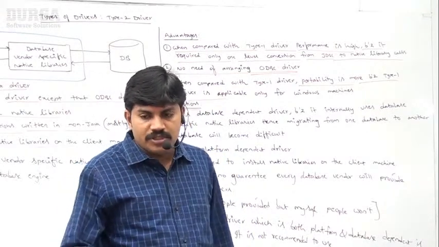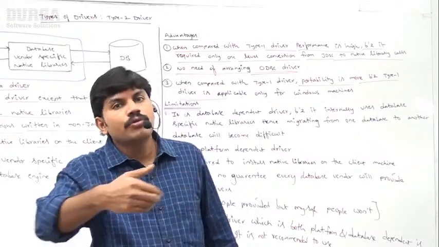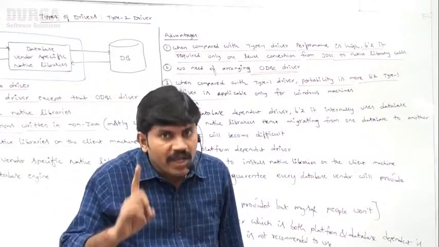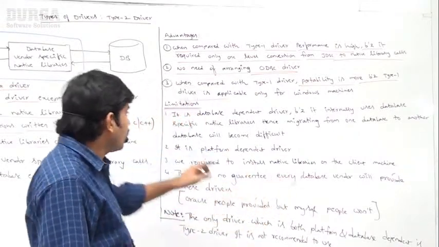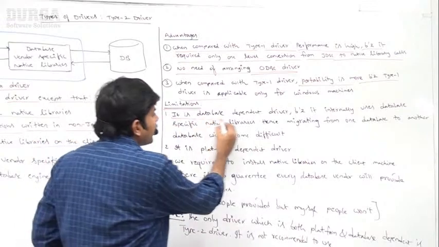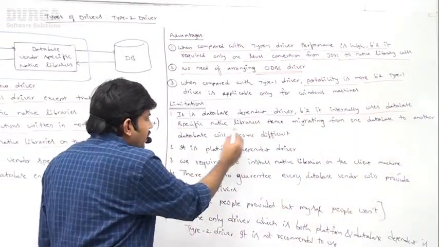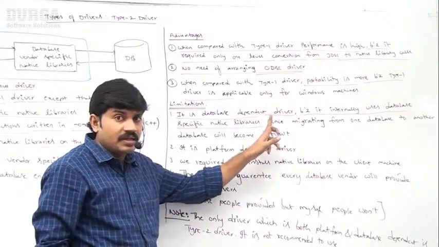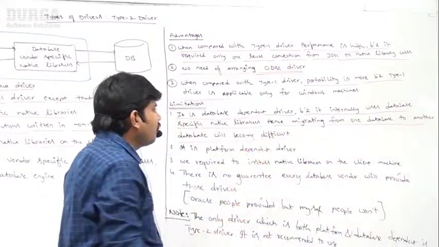Tomorrow I want to change to MySQL or DB2. Compulsorily we require new native libraries and so on. It is a database dependent driver because it internally uses database specific libraries. Hence, migrating from one database to another will become very difficult.